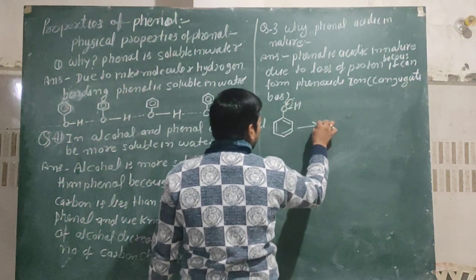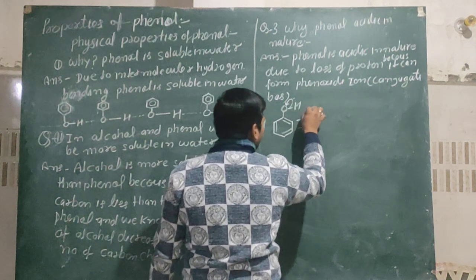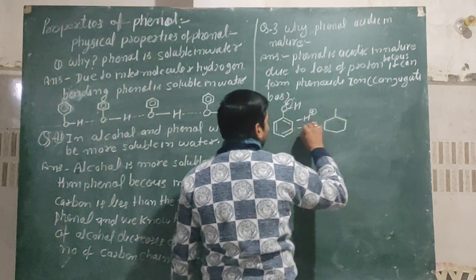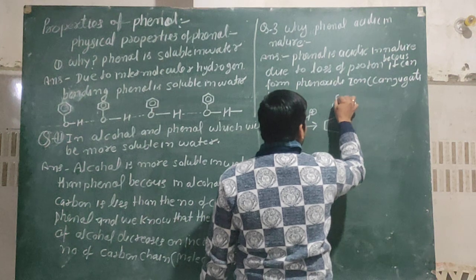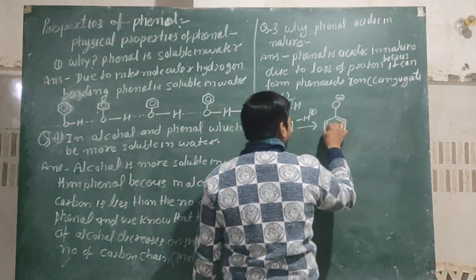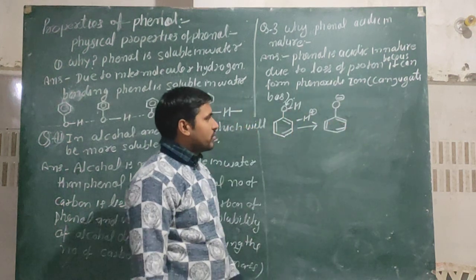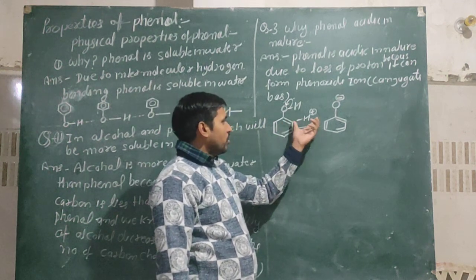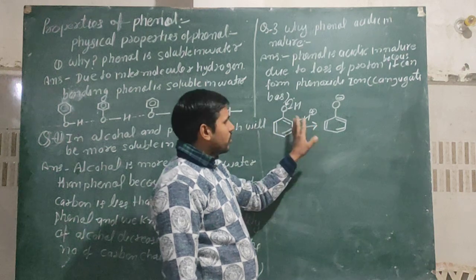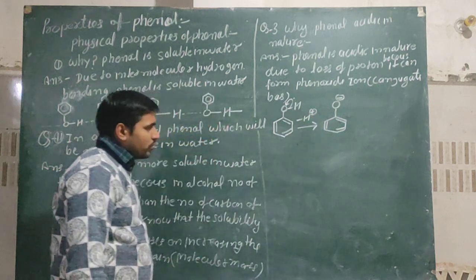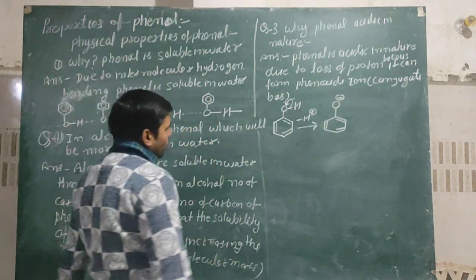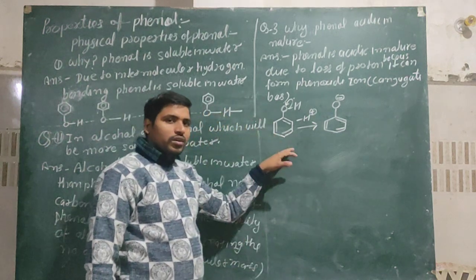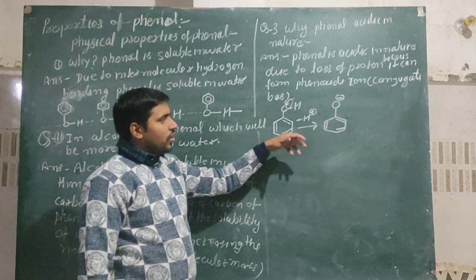After removal of H plus, it can form phenoxide ion intermediate. According to the Bronsted-Lowry acid base concept, an acid is a proton donor, and here phenol donates the proton, thus it is acidic in nature. From this point of view, it is clear that phenols are acidic in nature.